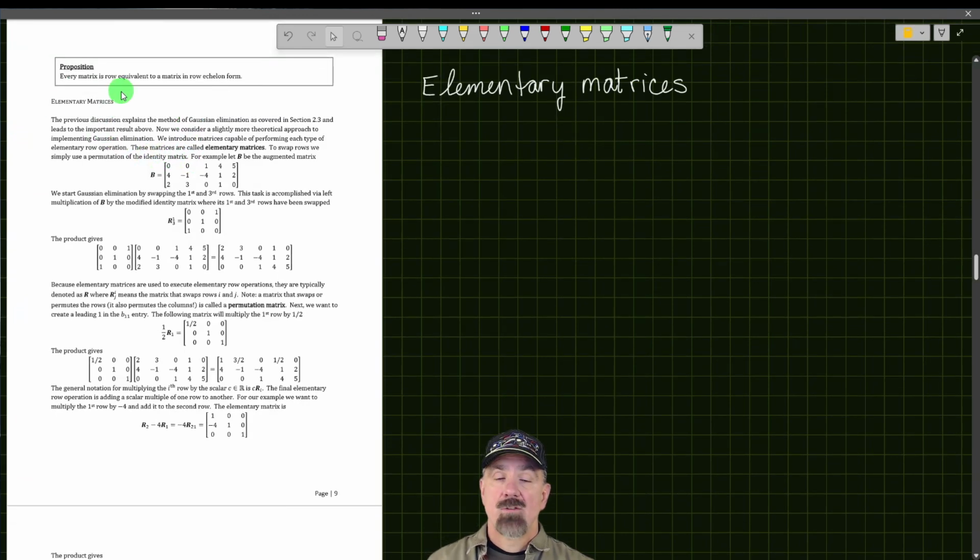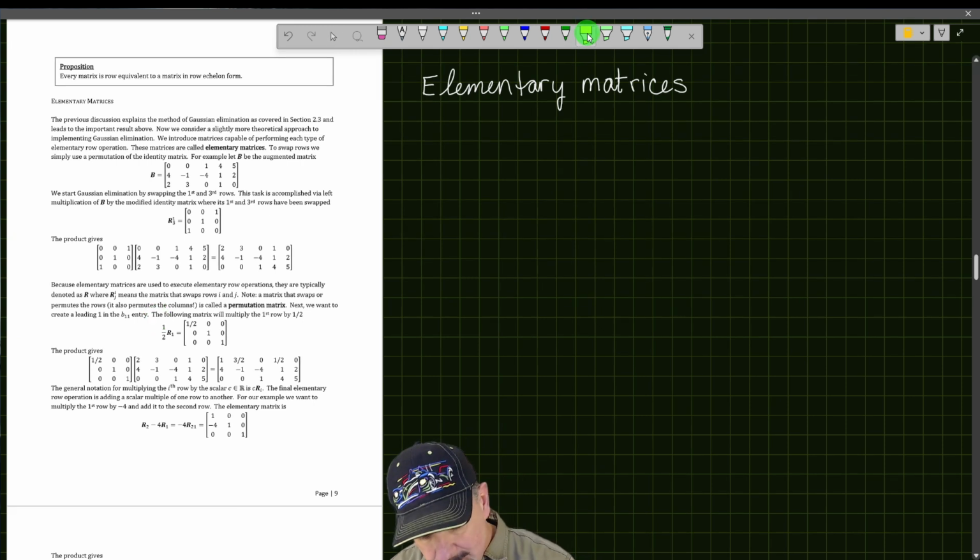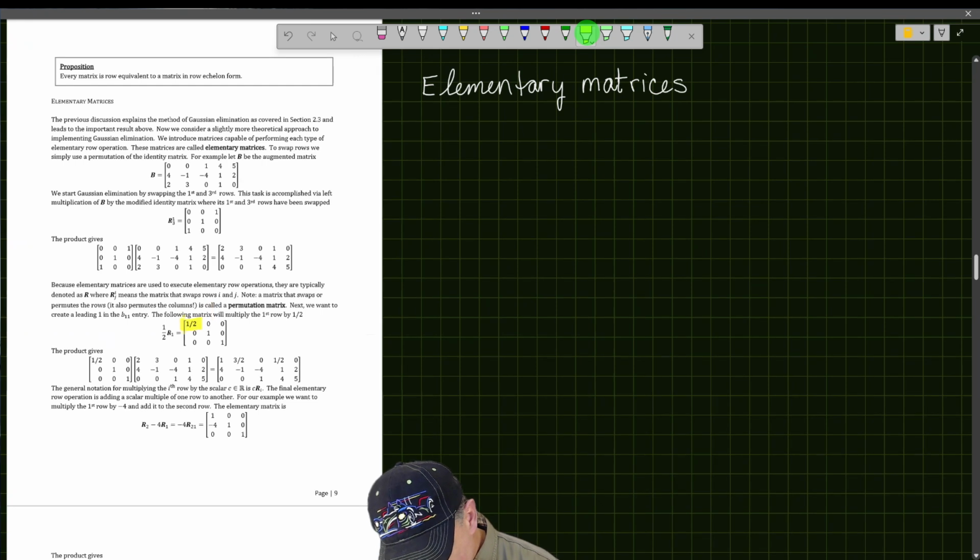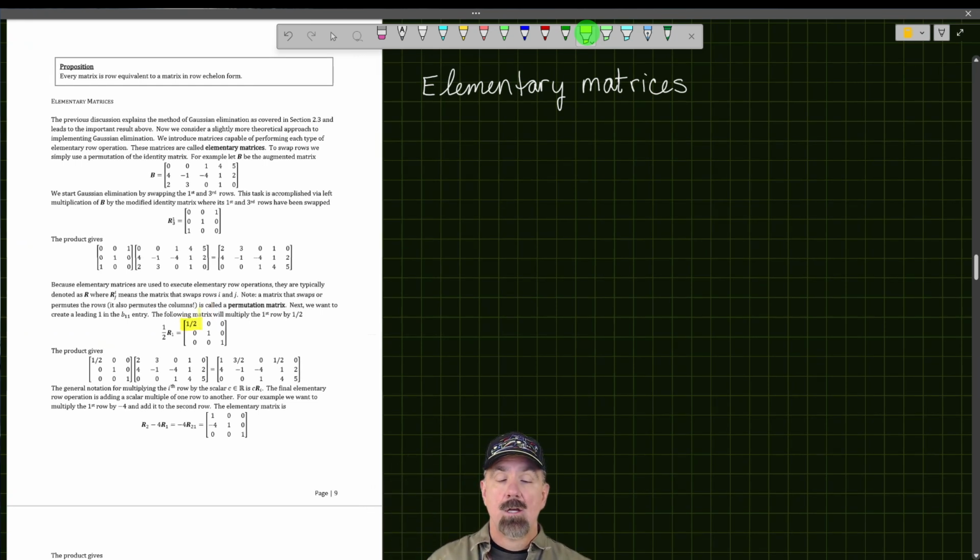A little bit of a go back here. We talked about elementary matrices just a little bit. Strang has talked about it a lot. This is my take on the elementary matrices. It's basically exactly the same as what we've seen. There is a little bit more information, for example, with these R matrices. Those are my elimination matrices, where we're going to go through and create leading ones out of our pivots.